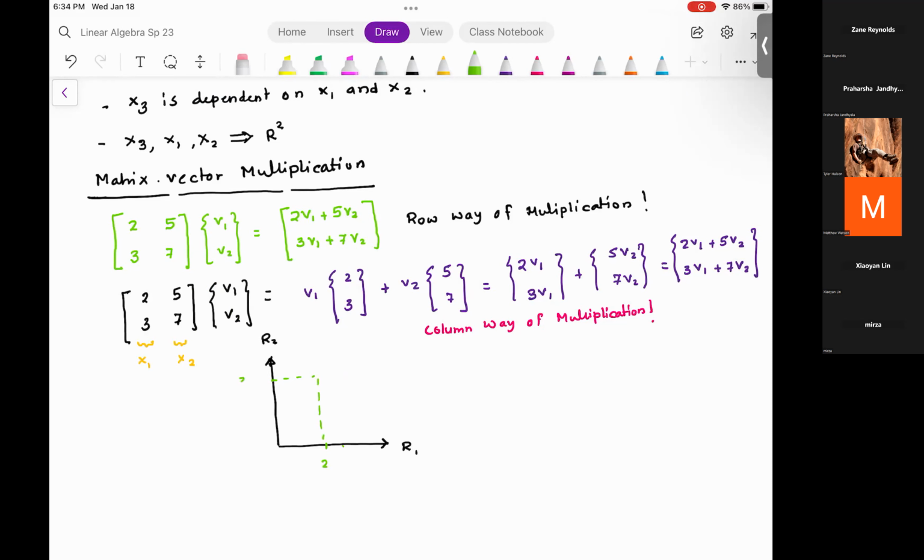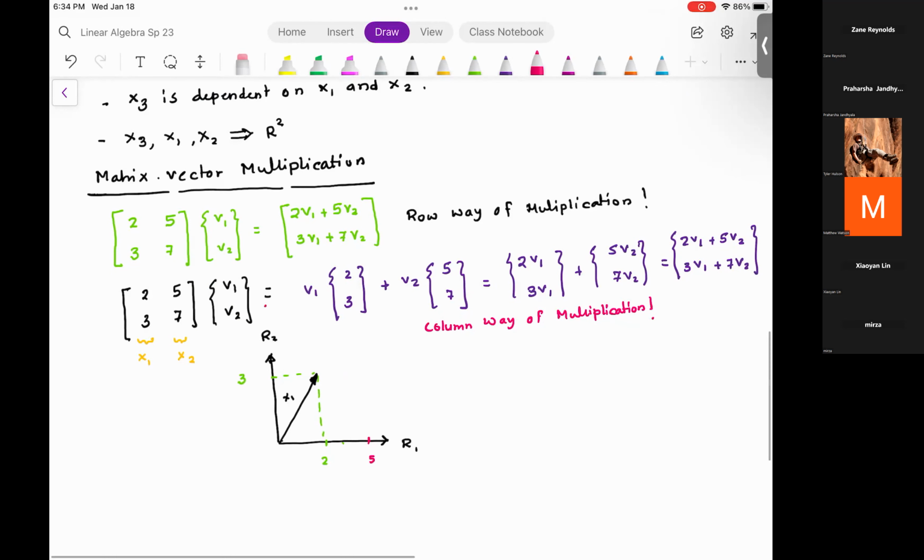This is my first vector, vector x1. The next vector is 5, comma 7. So 5 goes here and 7 may be somewhere over here. Bear with me, 5, comma 7. So this is the second vector, 5, comma 7.